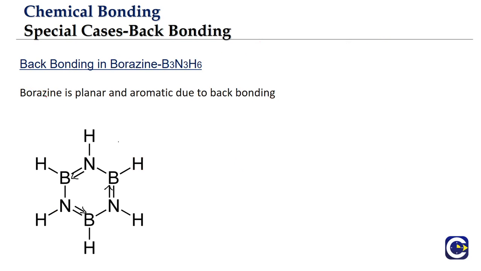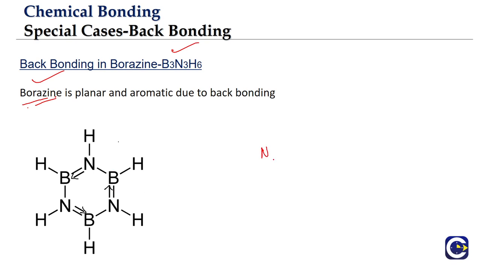Now there is one more important inorganic compound which is called borazine. Borazine is B3N3H6. It is also popularly known as inorganic benzene. Why is borazine called inorganic benzene? So what is B3N3H6? We have a ring of 3 borons and 3 nitrogens. So it is like this.